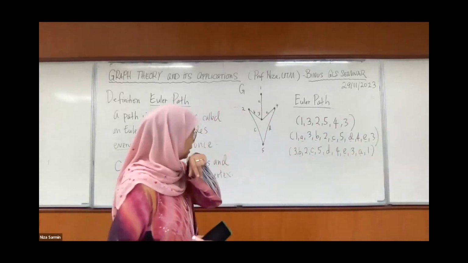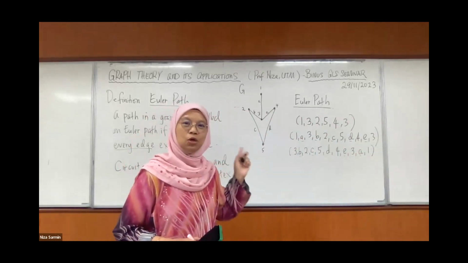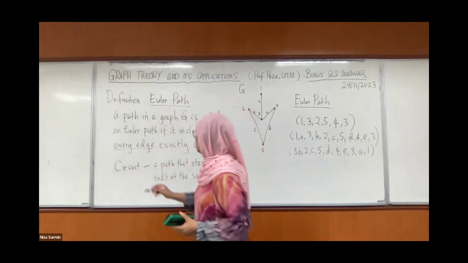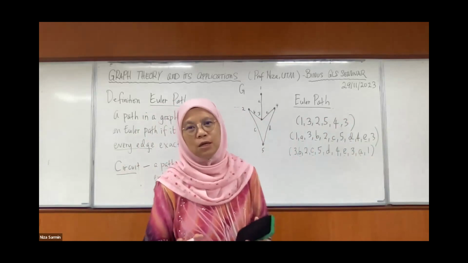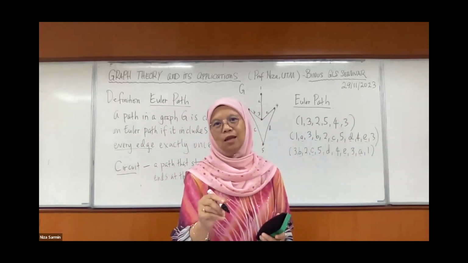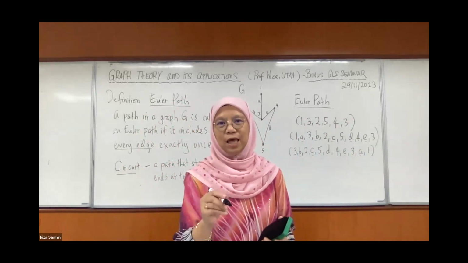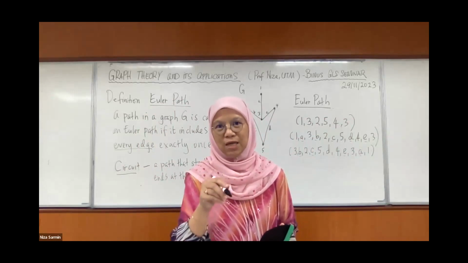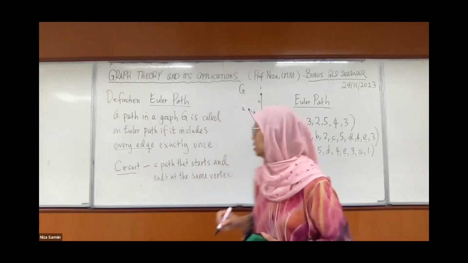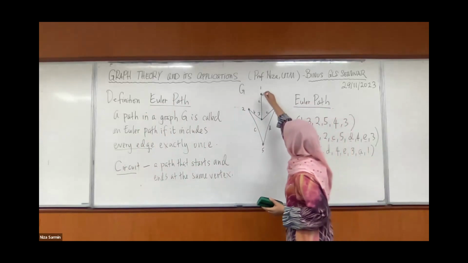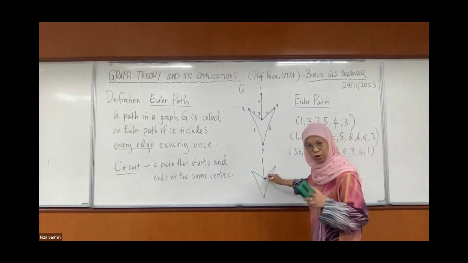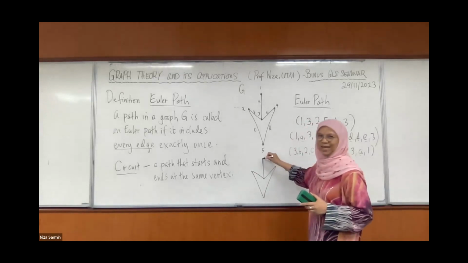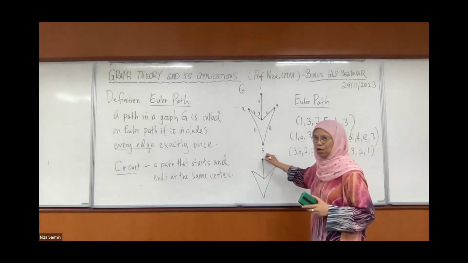Now, you cannot have an Euler circuit. There is no way you can start and end at the same vertex without going through the edges more than once. If you start from here and want to go back, you have to use another edge, and this is not Euler anymore.